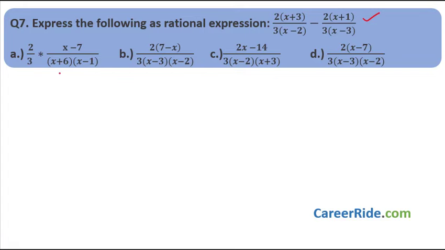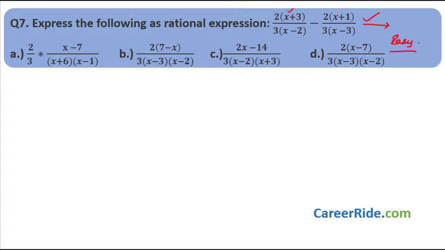Now if I take the complete solution method, that is a lengthy method, solving numerator and denominator, this is going to become very lengthy. But there is a very easy way out, as I told you, with substitution. In substitution, I told you that we can assume the value of the variable. The variable that we have here is only one, and it is x. So I can assume the value of x to be 0, 1, 2 or 3.